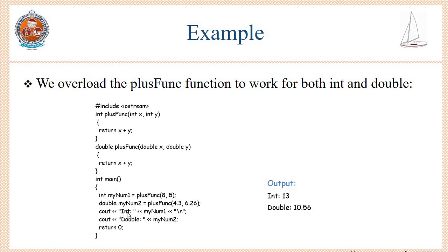Then I'm printing both values, my number 1 and my number 2, where it prints the output as 10.56. The advantage of function overloading is that it increases the readability of the program because you don't need to use different names for the same action.